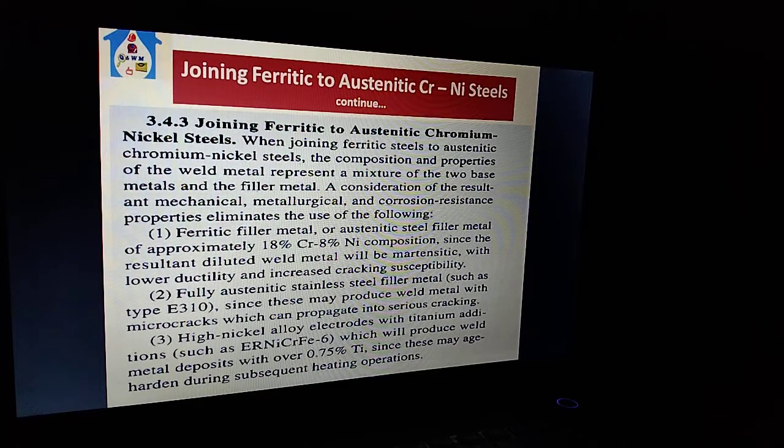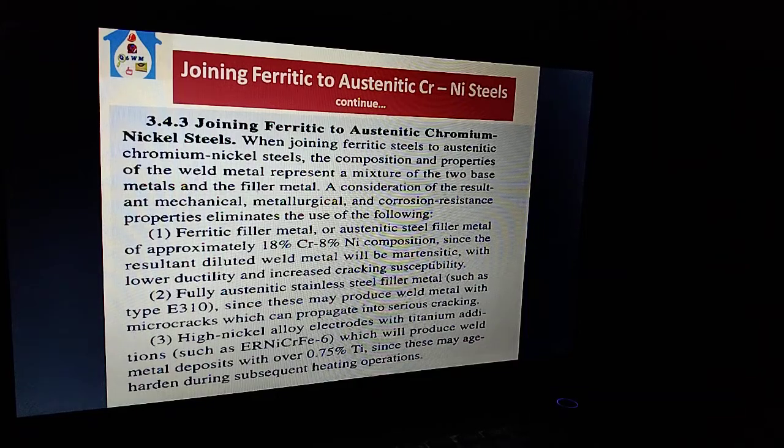Joining ferritic to austenitic chromium nickel steel. When joining ferritic steel to austenitic chromium nickel steel, the composition and properties of the weld metal represent a mixture of the two base materials and the filler metal.